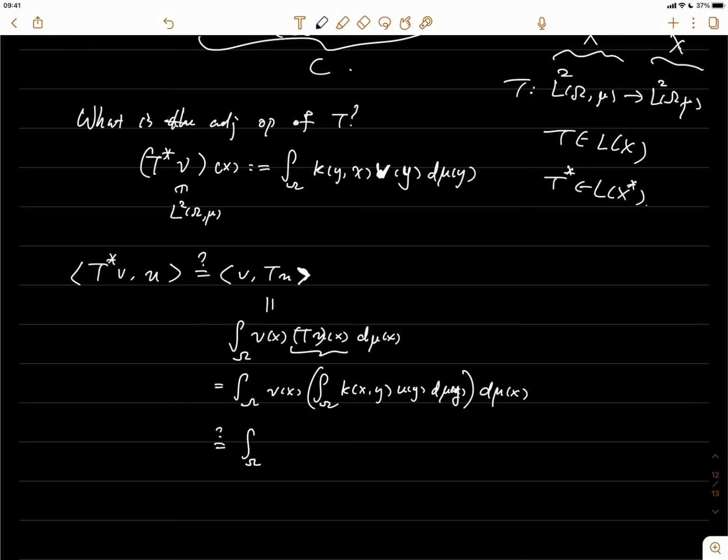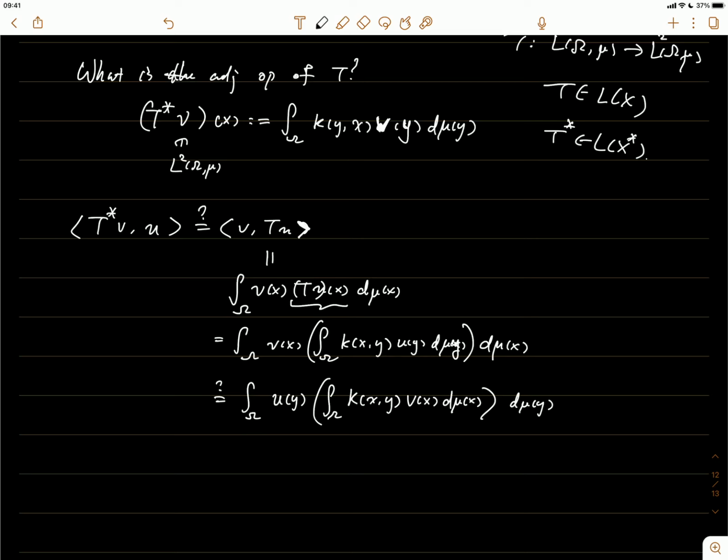So u(y) will be outside, and the integral of k(x,y) V(x) d mu x, and then d mu y.